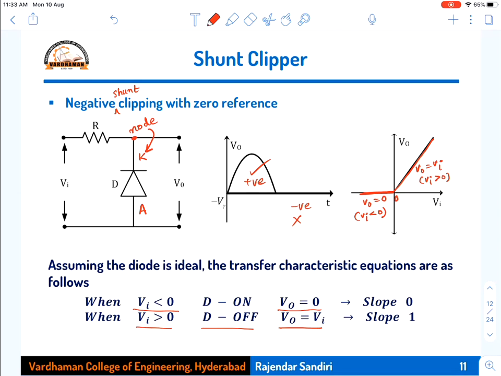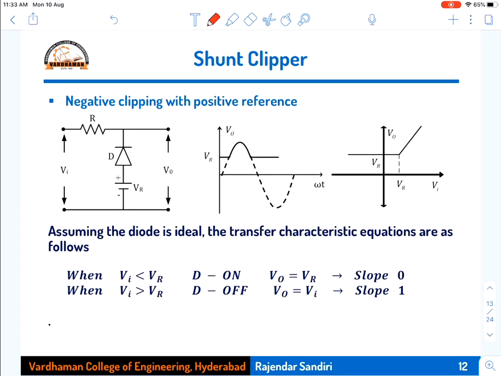For Vi greater than 0, V naught is equal to Vi, so Y is equal to X with slope 1 and theta equal to 45 degrees. In the other case, the slope is equal to 0, therefore just a line on the x-axis. That is about the negative shunt clipper with 0 reference.